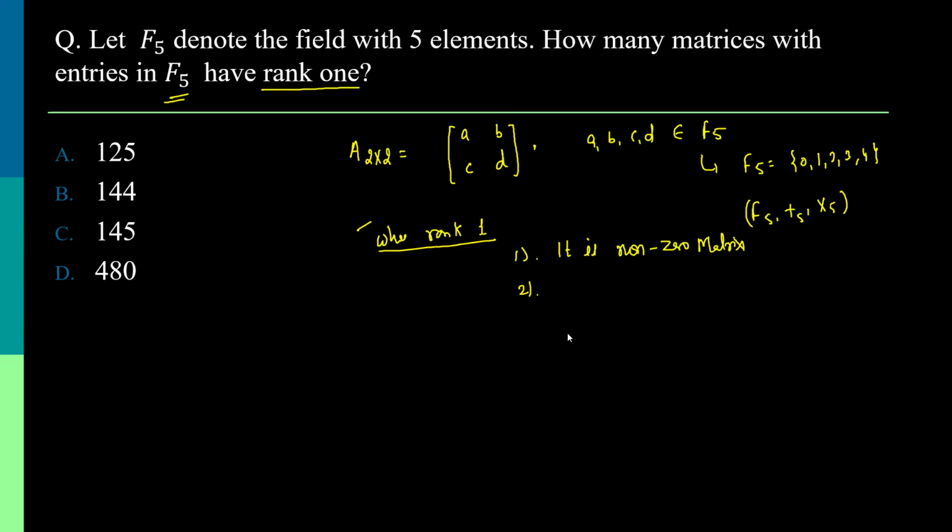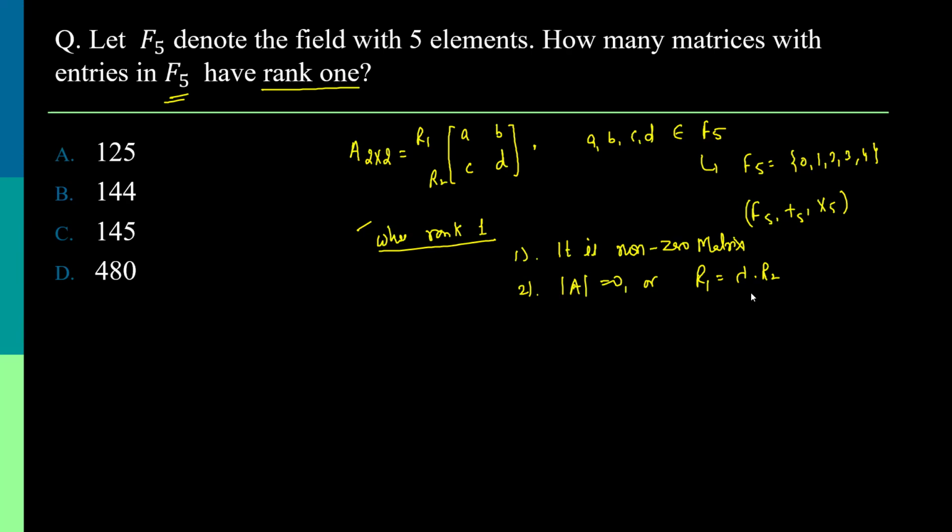So the determinant of this matrix is 0, which is identical to saying, if I call this row R1 and this row R2, the second row is dependent on the first row, or the rows of this matrix are linearly dependent on each other. Linearly dependent means I can say R1 equals some lambda times R2.